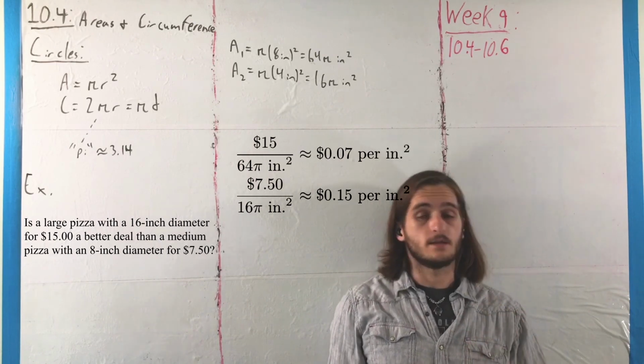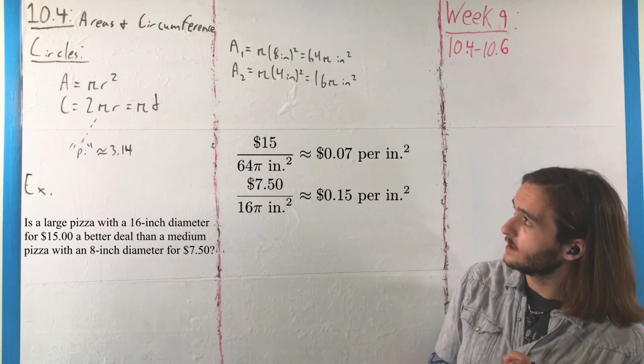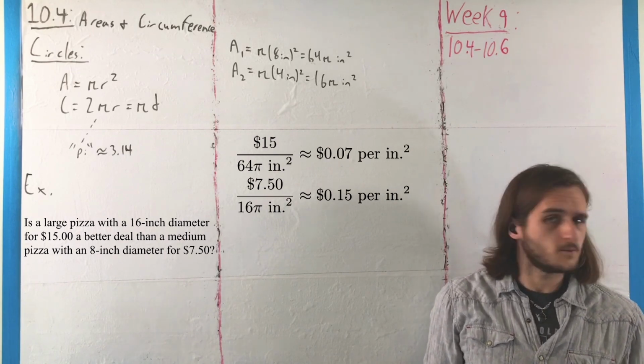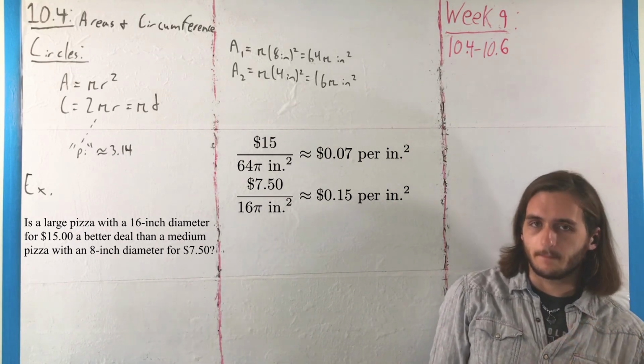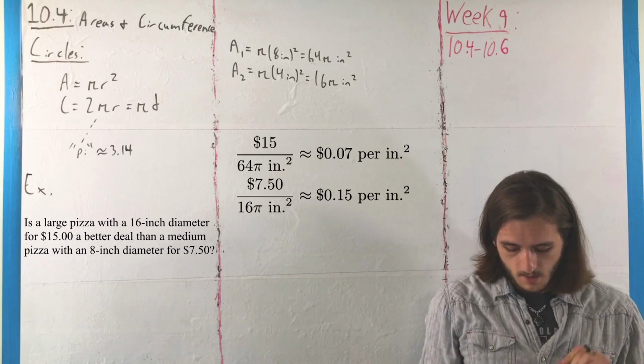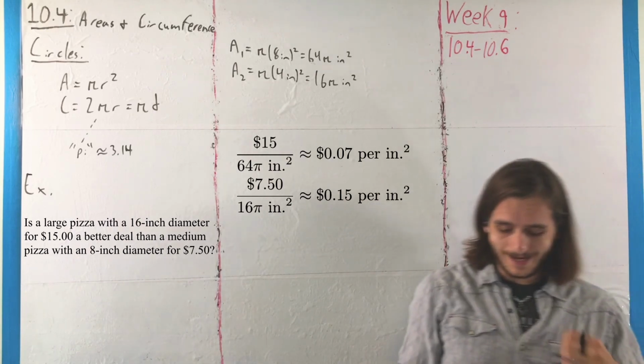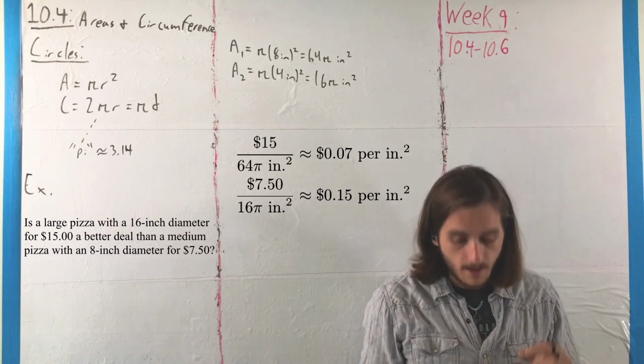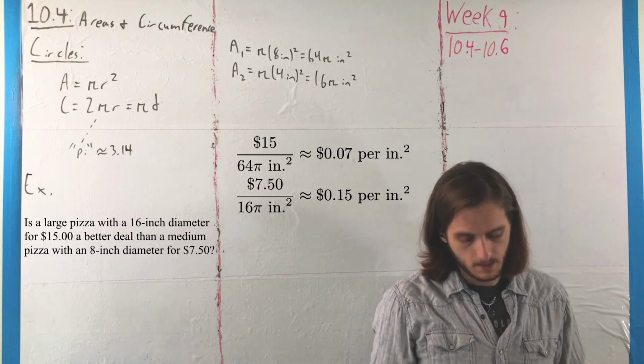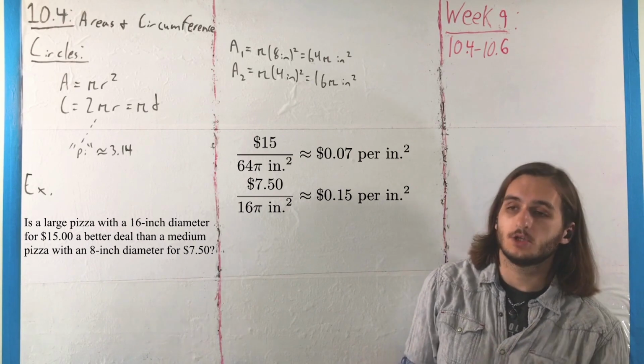That is 7 cents per square inch of pizza, which is a weird unit to deal with, but it is good for our comparison. And in the second case, we're going to take that value of 7.50 and divide it by 16 pi square inches and get that that will approximately be 15 cents per square inch. That's our cost in each of those cases.